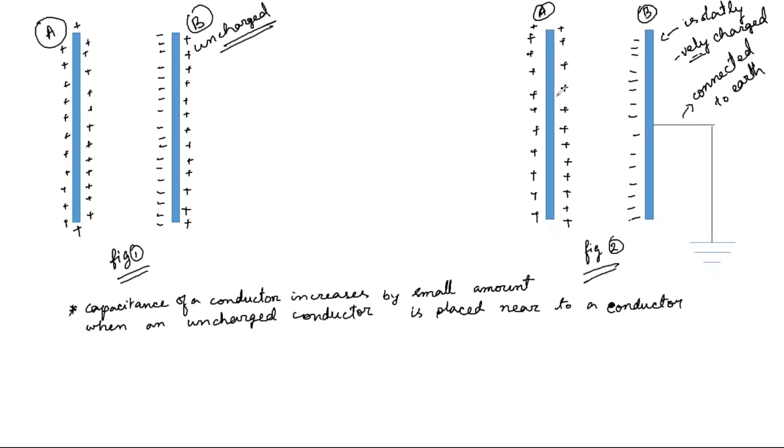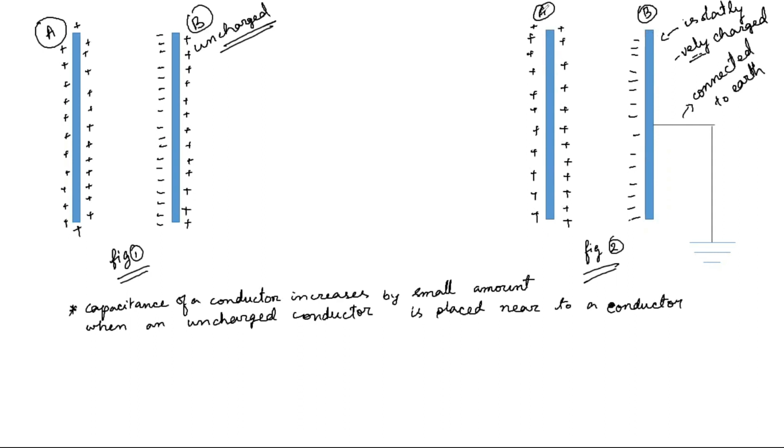It will decrease the electric potential of plate A. Remember, the electric potential of plate A was maximum. Now, because of this earthed conductor placed near the original conductor, the negatively induced charge on this conductor will decrease the electric potential of plate A.